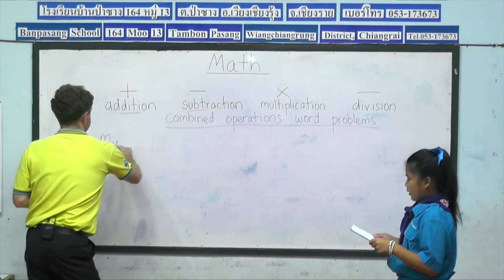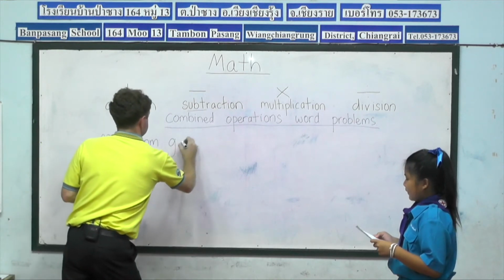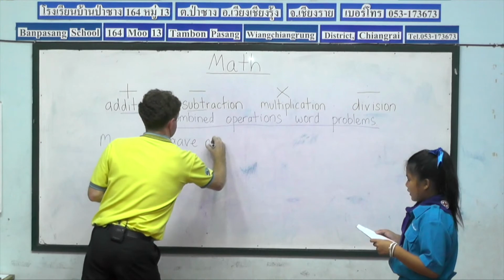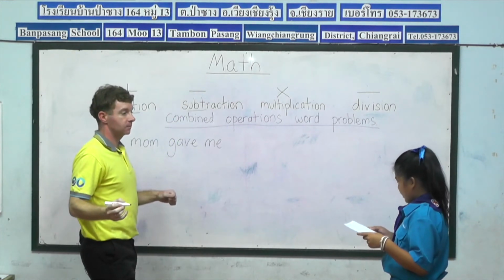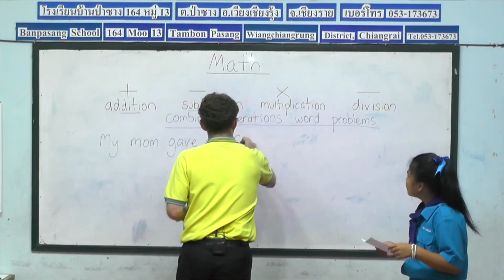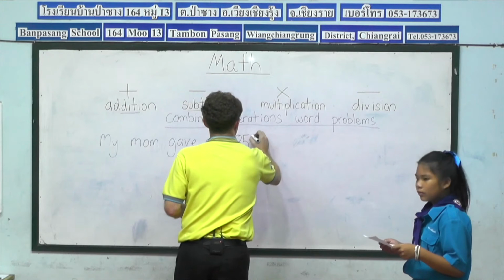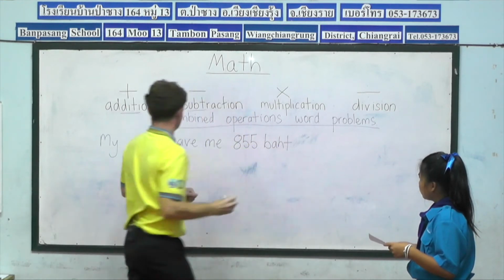My mom gave me money. How much? 855 baht. Okay, and then what's next?